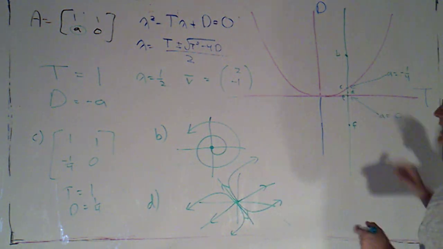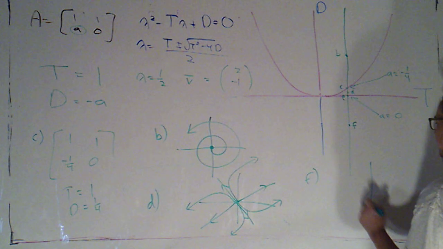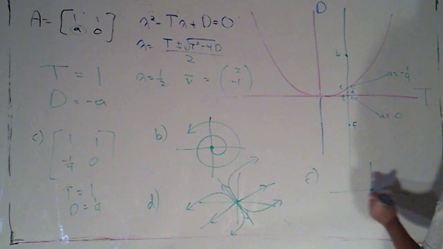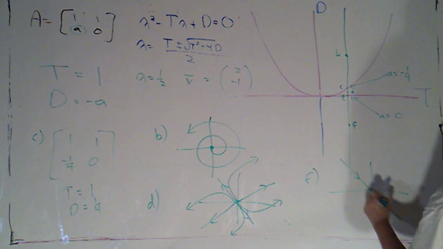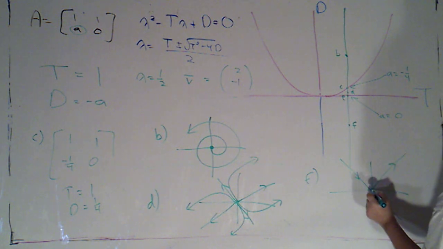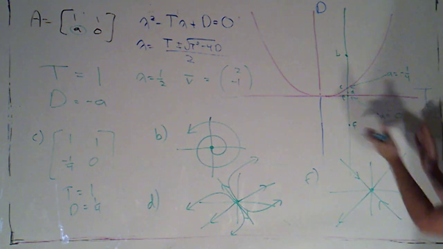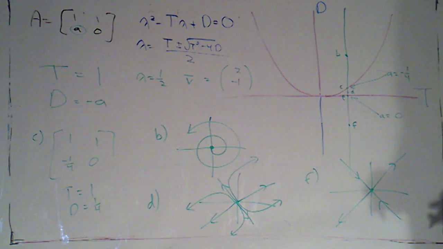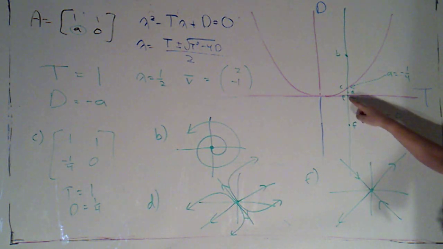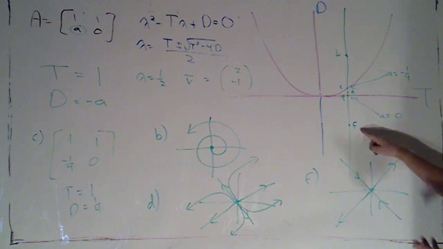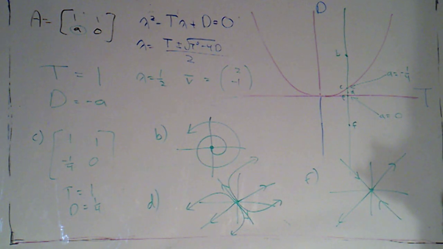Okay. And then F, that was where we had a saddle, because I would have one negative and one positive eigenvalue. Now, if you don't remember that, you can always figure it out really quickly. In this case, my T is 1, my D would be some positive value.